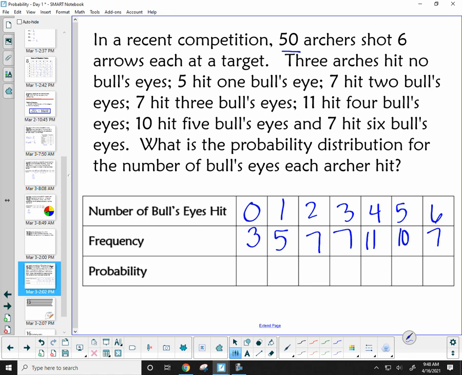So the probability distribution here is 3 out of 50, 5 out of 50, 7 out of 50, 7 out of 50, 11 out of 50, 10 out of 50, and 7 out of 50. Is that right?